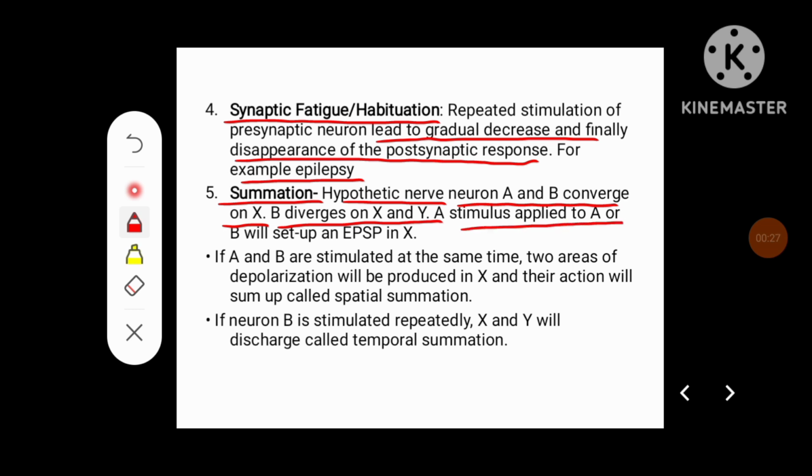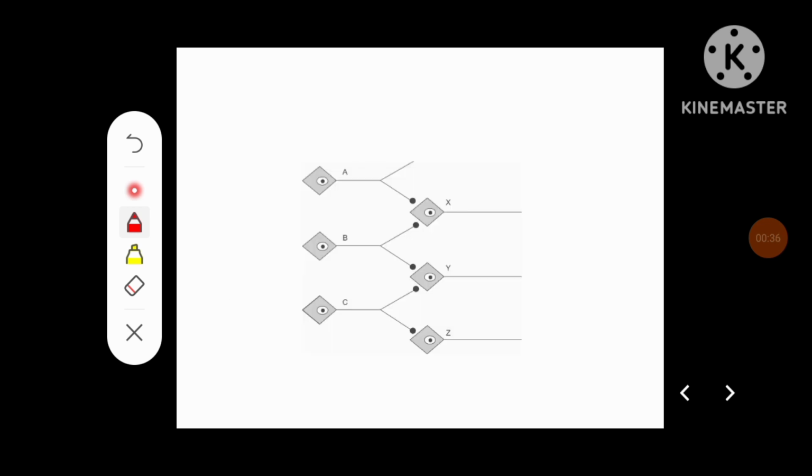A stimulus applied to A or B will set up an EPSP in neuron X. Here you can see the stimulation of A and B is going to set up an action potential in X, the property of which is called convergence, and it is also a partial summation.